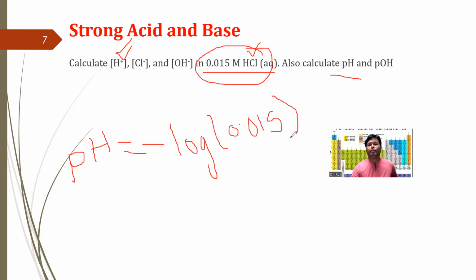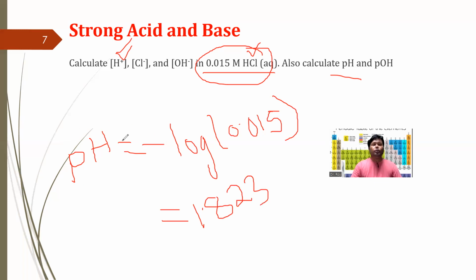So if you use your calculator, minus log of 0.015, then you will get the value of pH. Anyone can use the calculator, please. Just calculate minus log of 0.015. What is the value of pH? 1.82. Okay, thank you.